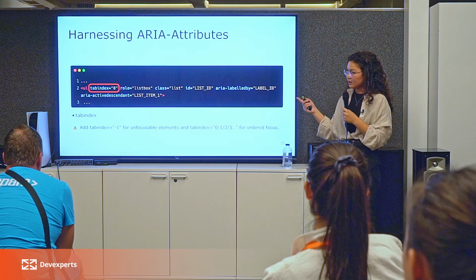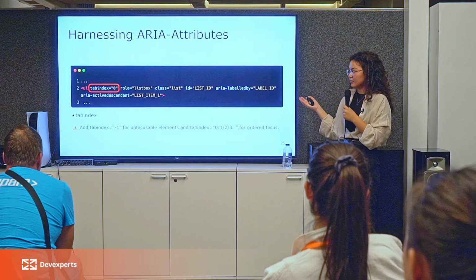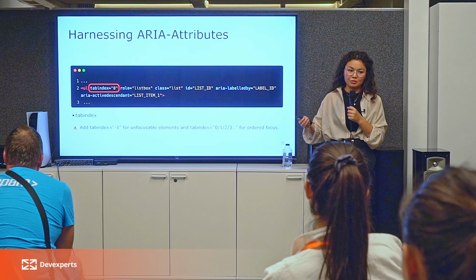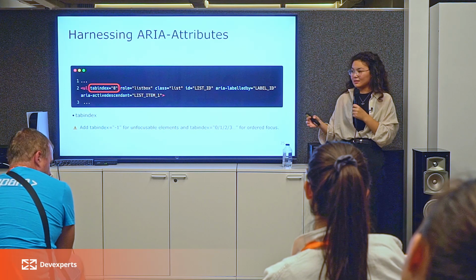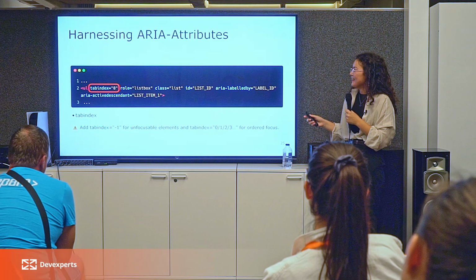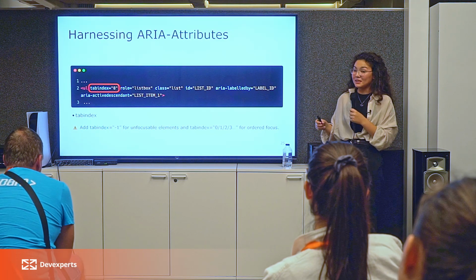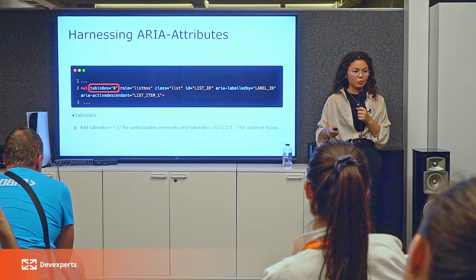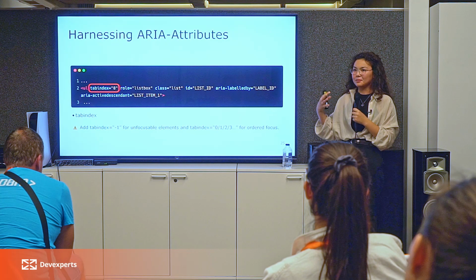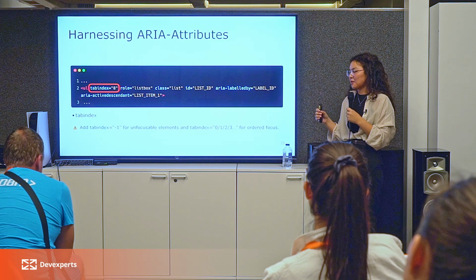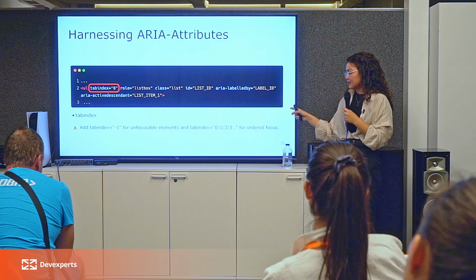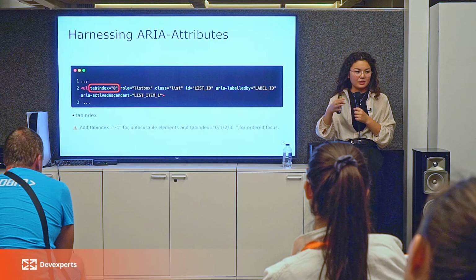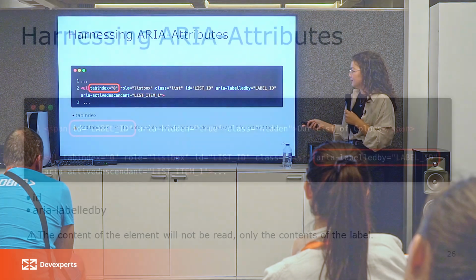In our case, we are setting 0. It means that our list is focusable, and you can actually set tabindex 0 on any kind of element. Please don't overuse it. And if you want to explicitly remove the element from the tab order, you just add tabindex -1. And if you want some specific, fancy navigation, you can even set tabindex 1, 2, 3, and it will just follow that order.